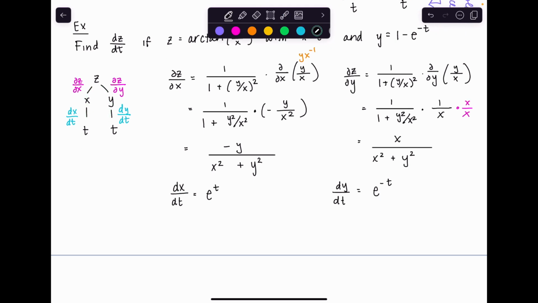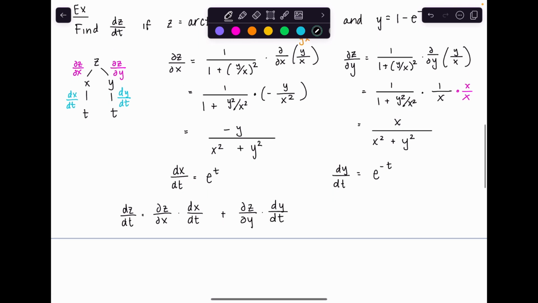So now I can go ahead and find the derivative of z with respect to t. We first have the partial of z with respect to x, and then x to t, and then z to y, and y to t.